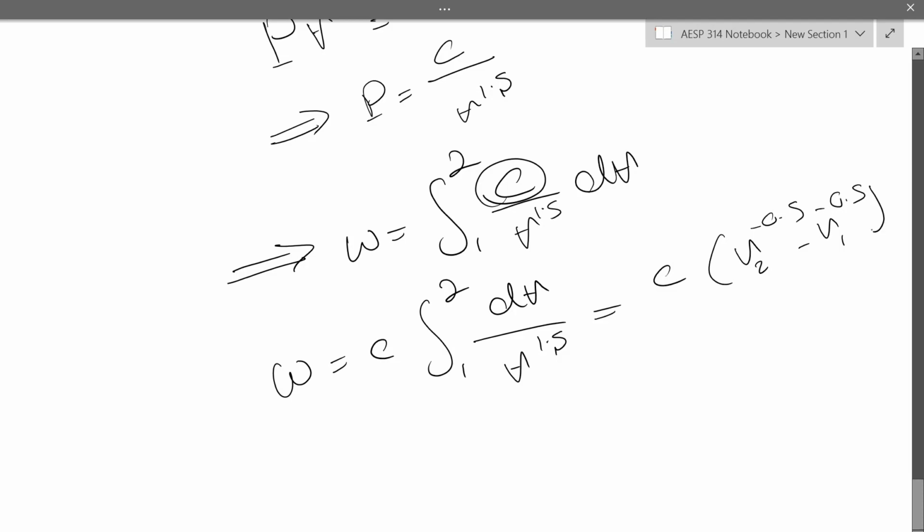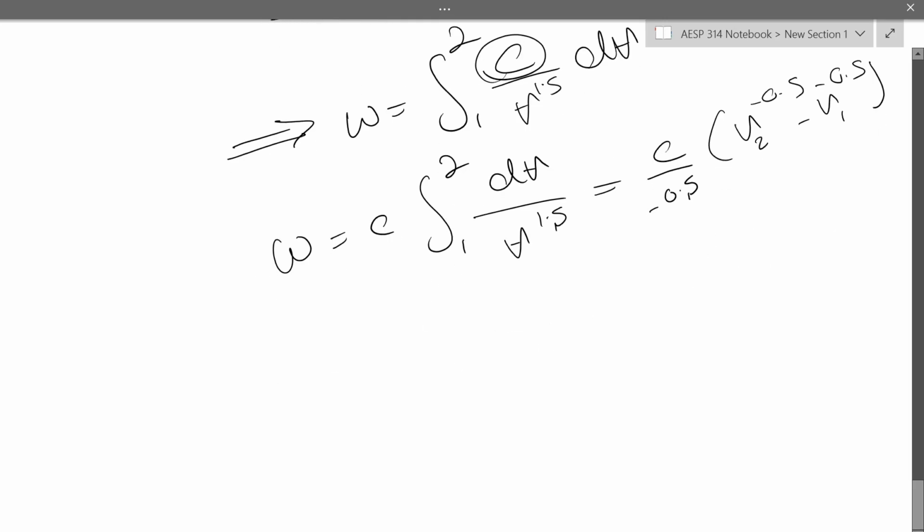Is there anything else I need to add to this integral? We also need to divide by negative 0.5, because when you take the derivative, the power will be multiplied in front. If you don't really remember this, I'm pretty sure you have learned this, just go back to your mathematics or come to my office. We'll go further in detail about how to take this integral.